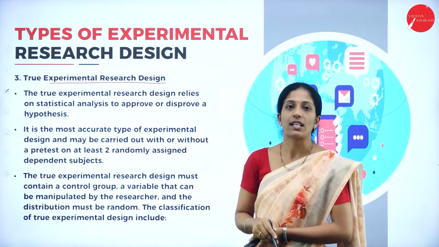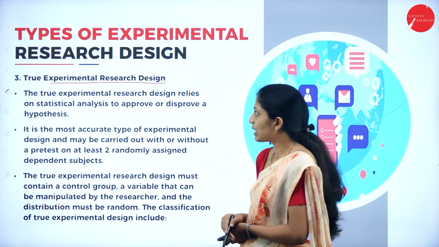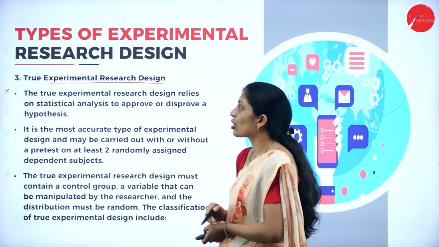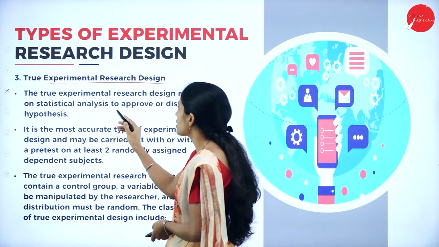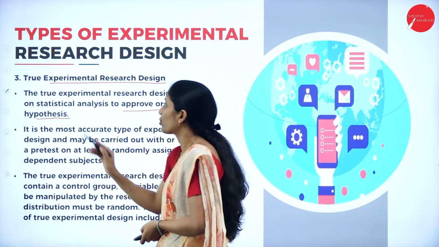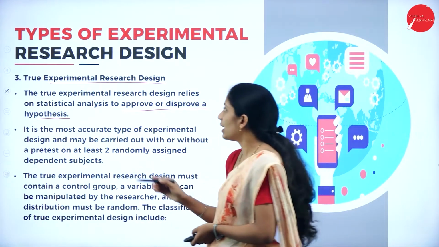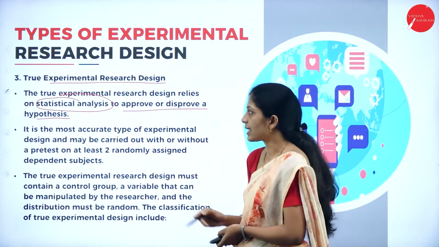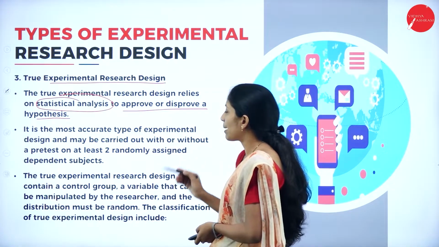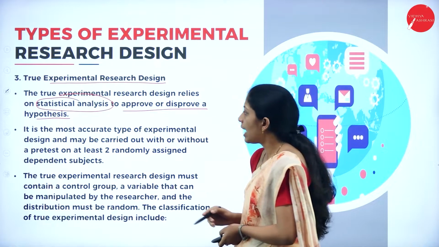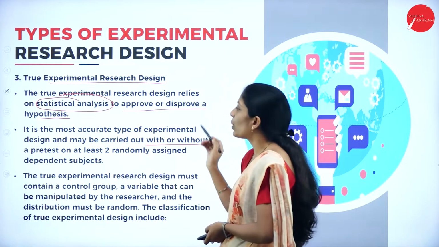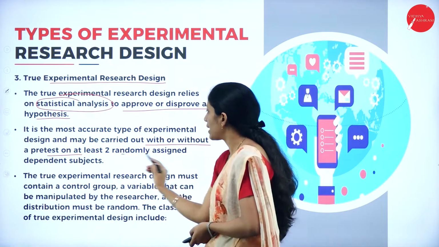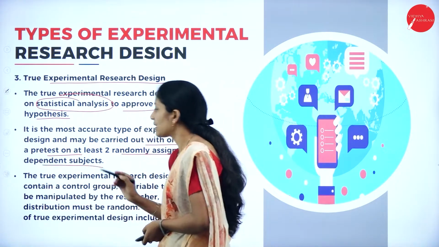So let us see what this true experimental research design is. The true experimental research design relies on statistical analysis to approve or disapprove the hypothesis. So here they are mainly going to consider the statistical analysis. It is the most accurate type of experimental design, and it may be carried out with or without a pretest on at least 2 randomly assigned dependent subjects.